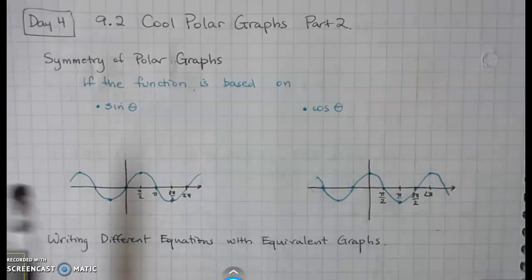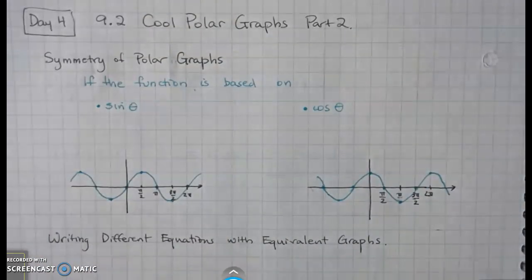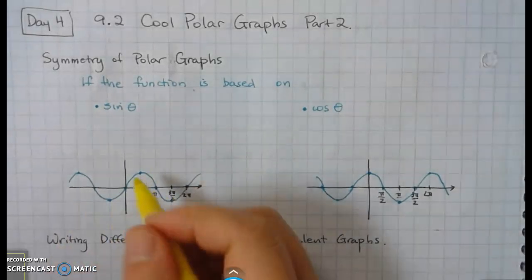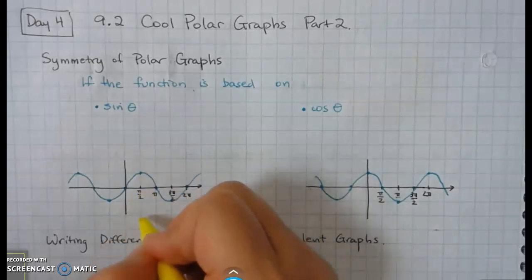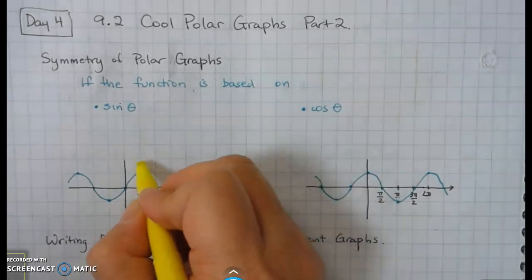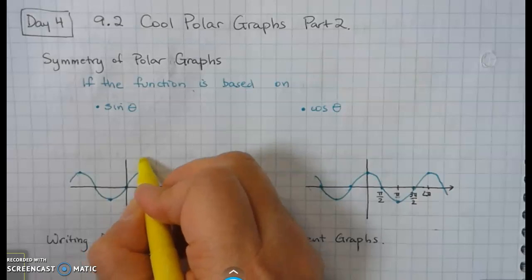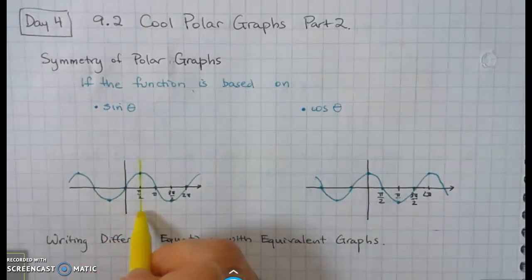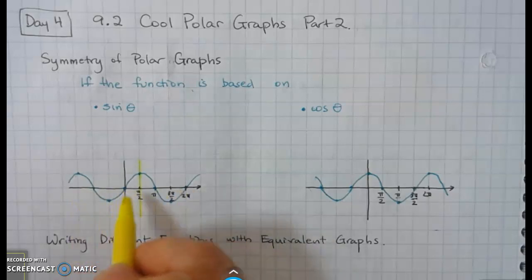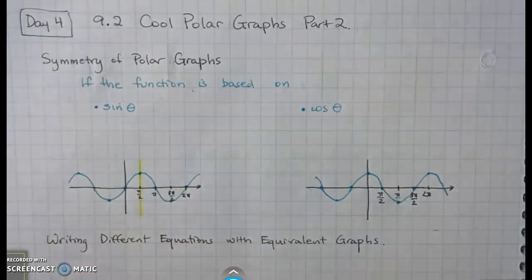Now looking at the sine graph, can you see that I can make this a reflection if I draw a straight line down here? If I put a mirror right there, the left hand side and right hand side of the mirror are a reflection of each other.